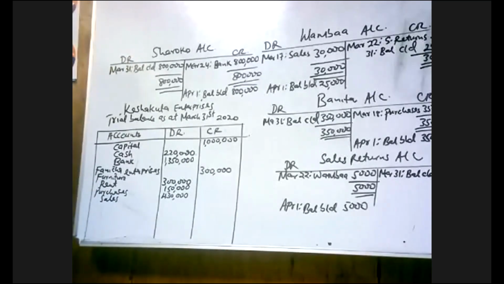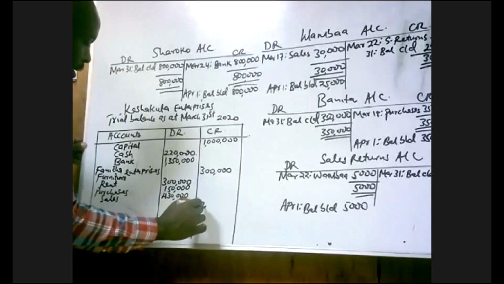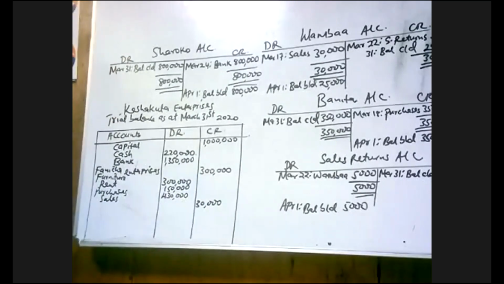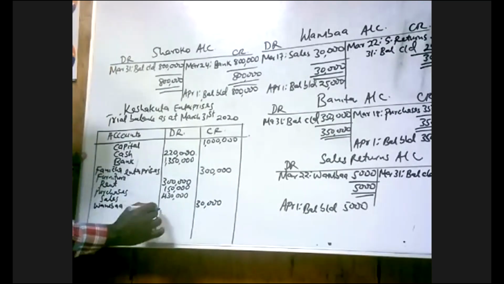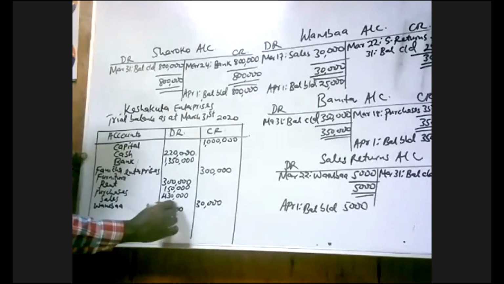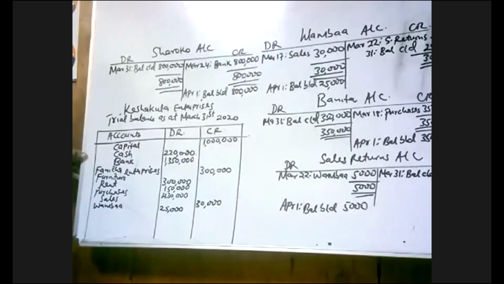Sales account had 30,000 credit. Wamba, 25,000 debit. Then Manita.